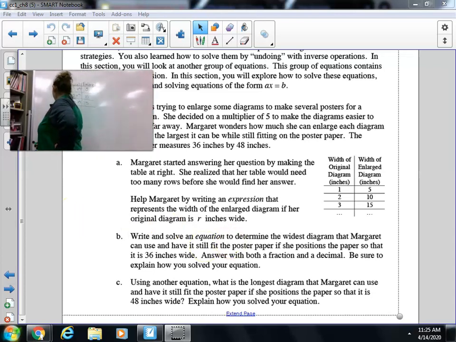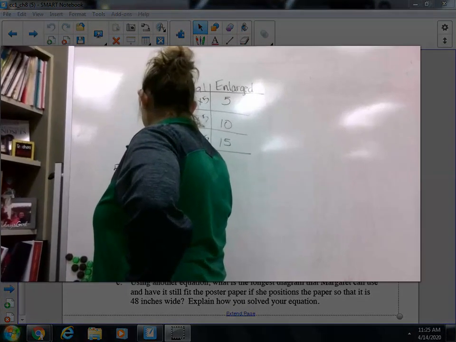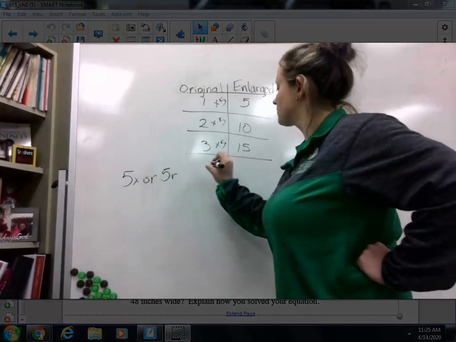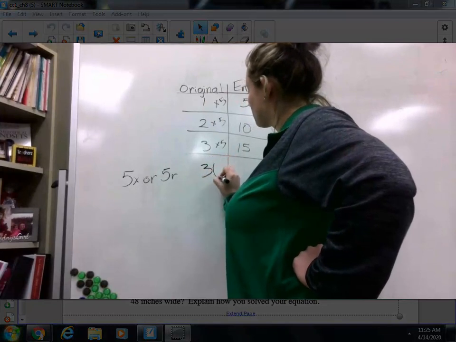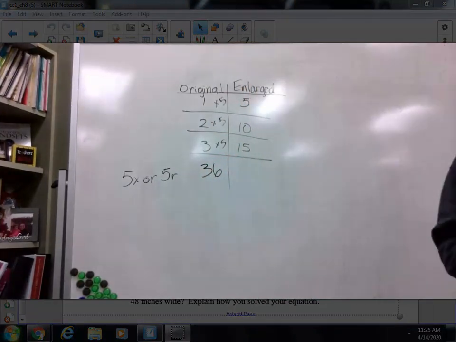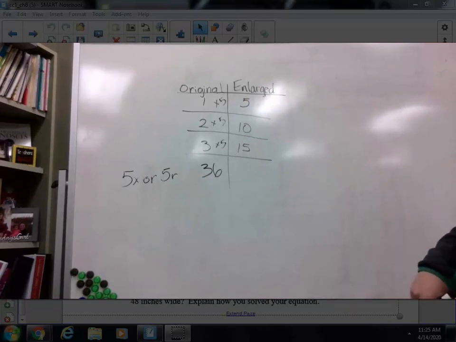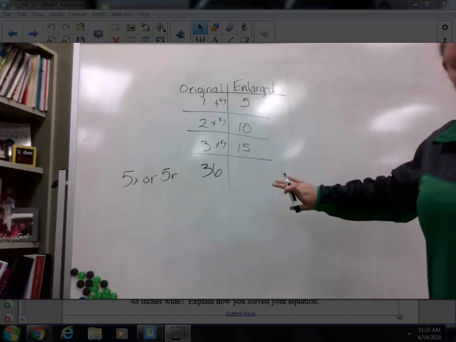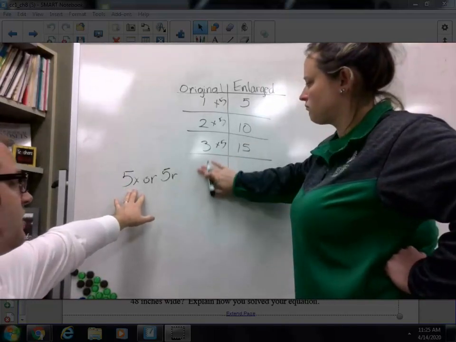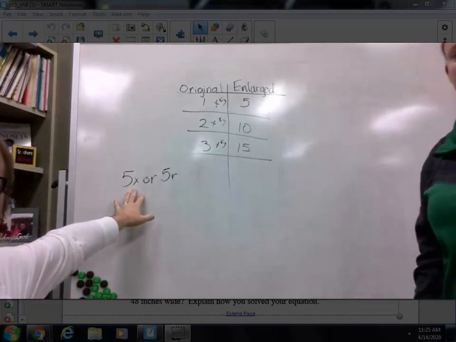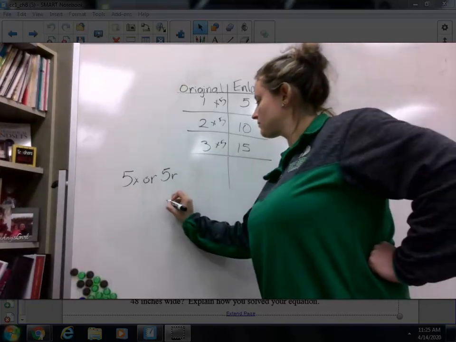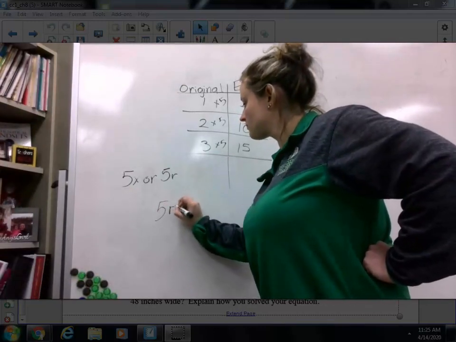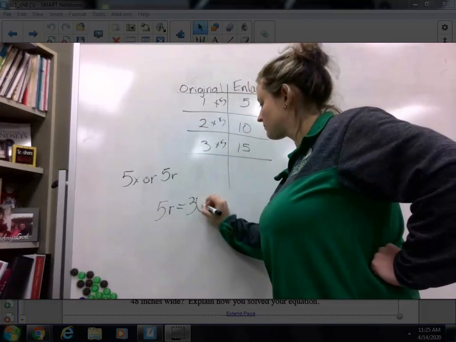So we already know the expression that Miss Lanzo and you wrote, 5x or 5r, is the width. And we know that the largest width we have, the width of our paper, is 36 inches. So we can set our original expression equal to the maximum width of our paper. So 5r or 5x is equal to 36.